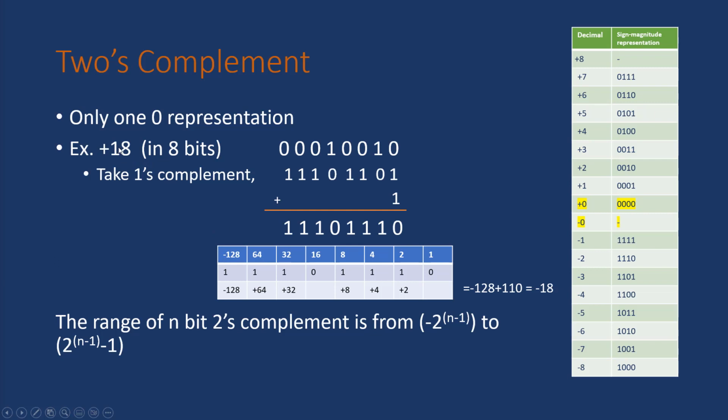For example, if we have the positive 18 in 8 bit, that is 0, the second bit 1 is 2, 4, 8, 16. 16 plus 2, this is 18. So that is 18.